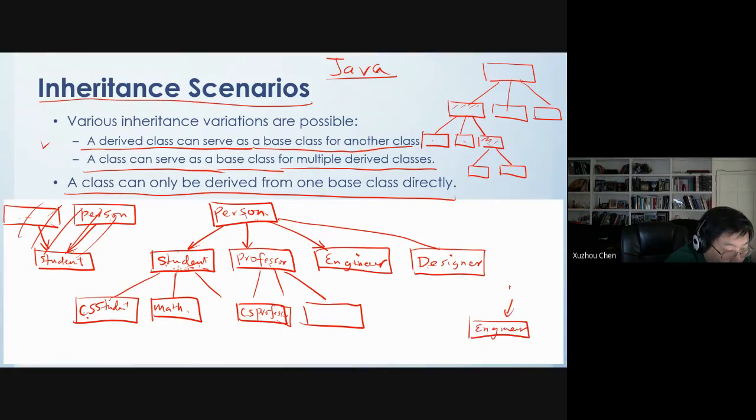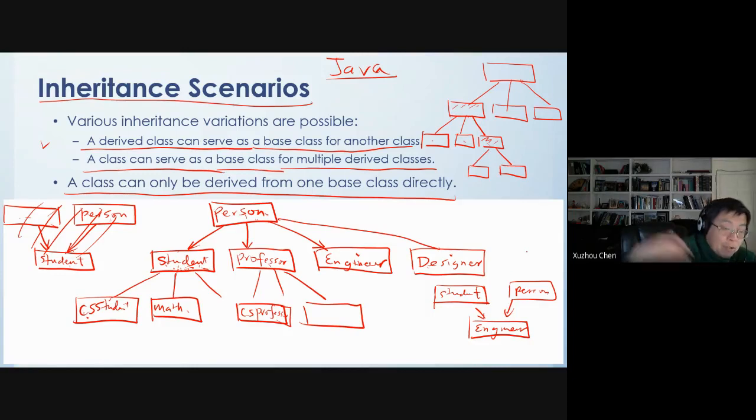So engineer could be a person, but engineer could also inherit from, even like, a student. Okay. So the engineer could be a student, or could be a person.